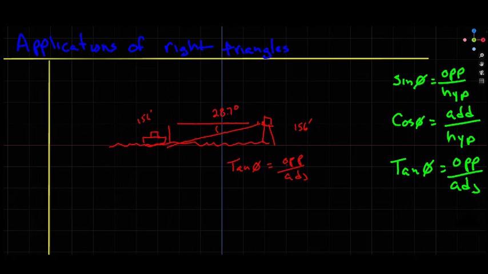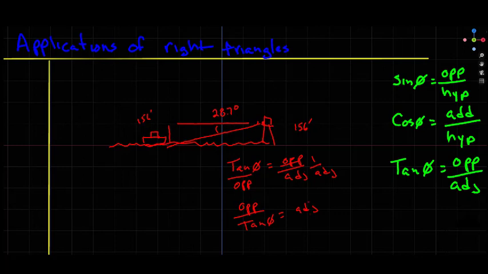Well, we can divide both sides by the opposite side. That'll cancel that. That gives us 1 over the adjacent. And if we want to invert that, we have to invert the other side as well. So we get the opposite over the tangent of theta equals the adjacent.